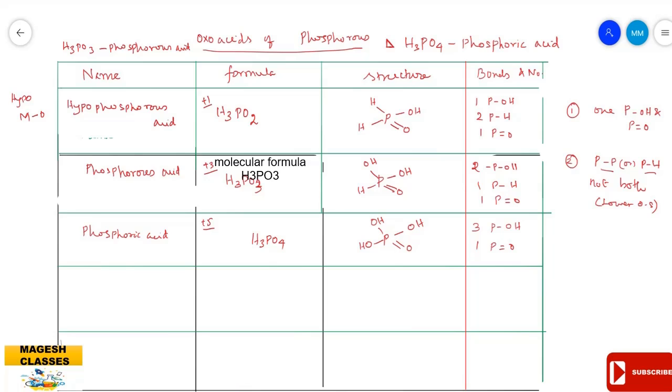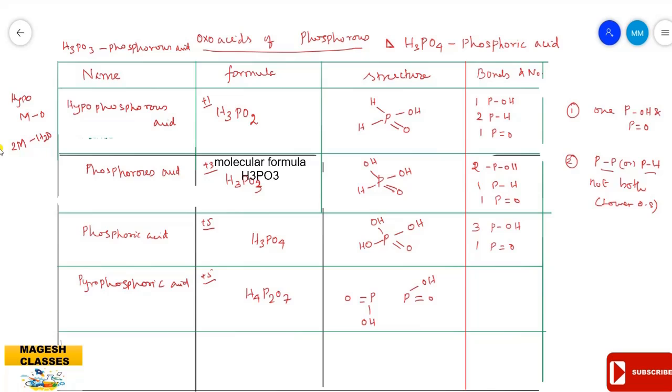Next one, pyrophosphoric acid. Pyrophosphoric acid is formed by 2 molecules minus 1 H2O. So it is in the +5 oxidation state. The formula is: doubling phosphoric acid and removing water, H4P2O7. The structure is 2 phosphorus atoms, and here the OH, it has 1 double bond, and here 1 double bond, okay, and 1 OH.